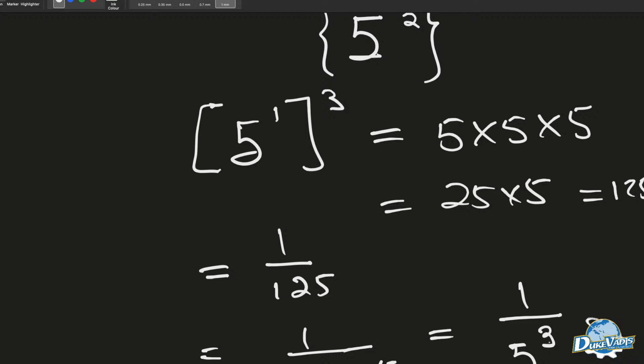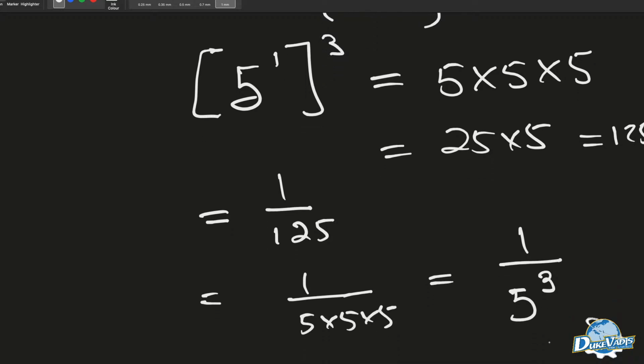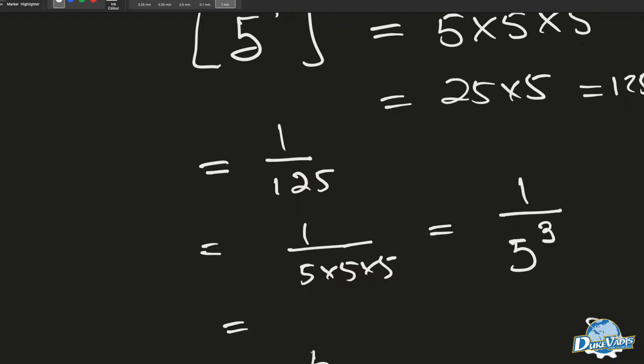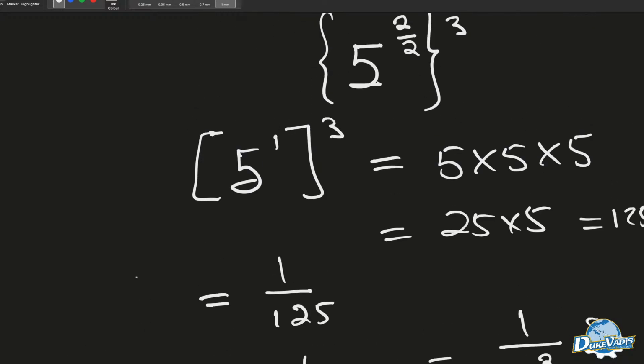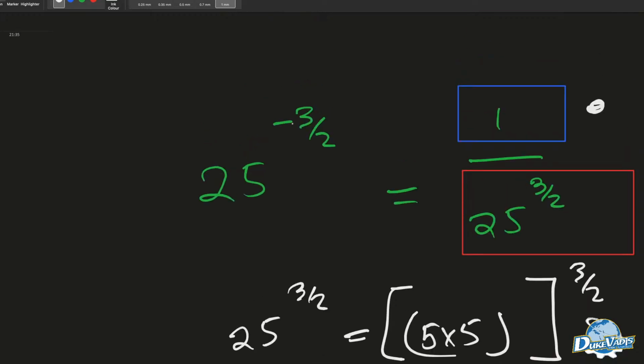Friends, what comes to mind? This can also be written as what? 5 raised to the power negative 3 as the answer, because it's the same as 1 over 125. Why 1? Because the 1 on top, as we started, is there waiting for us.